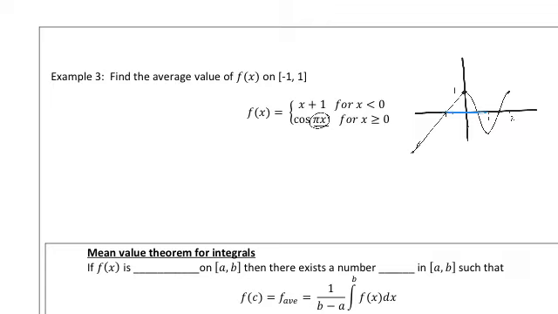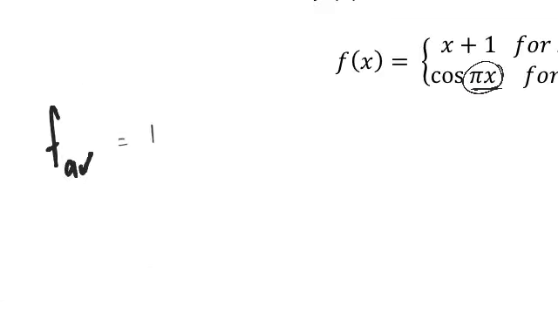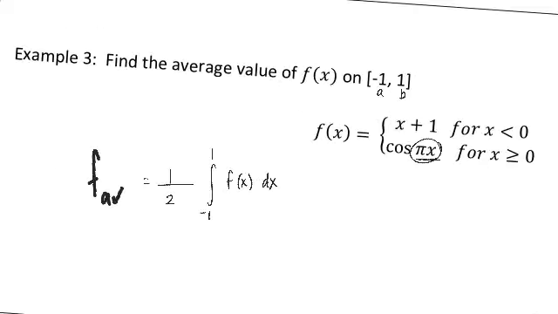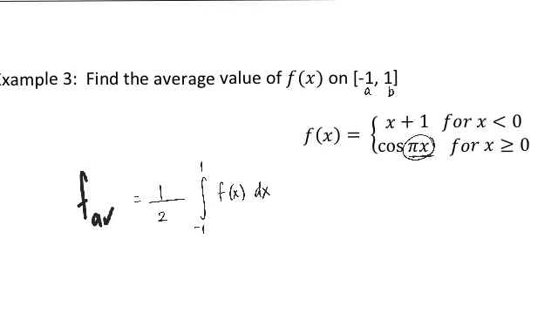But we're just going to do f average, the same formula. So the formula is 1 over b minus a. In this case, here's my a, here's my b. So it's 1 over 2 integral from -1 to 1 of f of x. Now, f of x is a piecewise function, so we're going to have to break up this integral because for x less than 0, we have one rule, and then for x greater than or equal to 0, we have another rule.